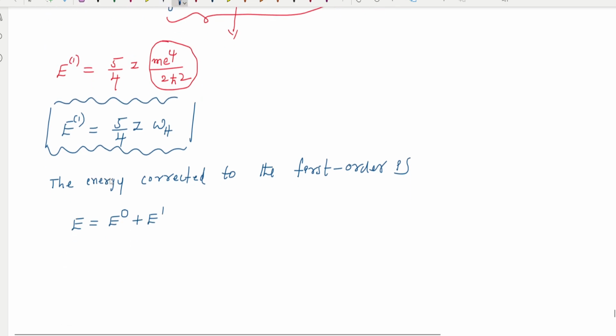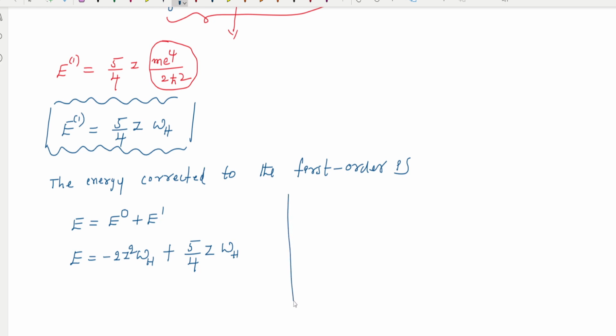So what is the unperturbed energy value? We already calculated it, right? Minus 2 Z squared W H, plus the first order correction energy term, which is 5 divided by 4 Z W H.